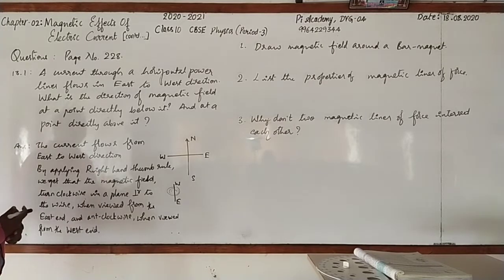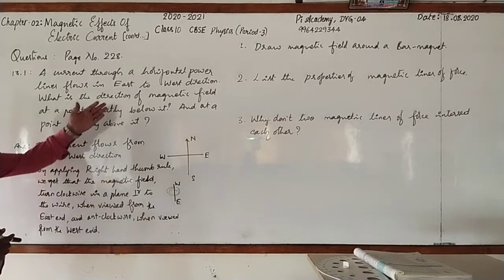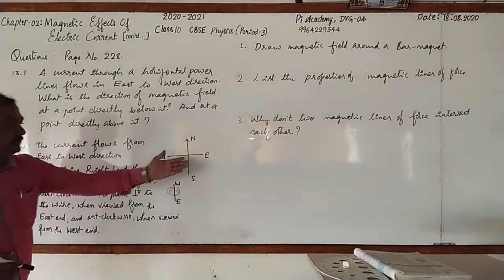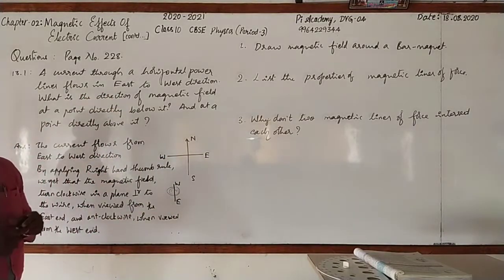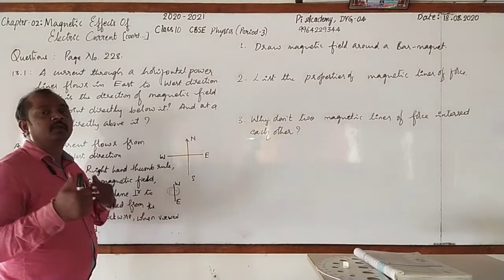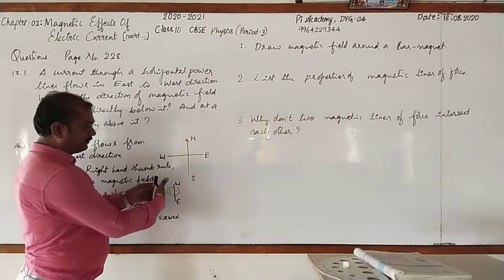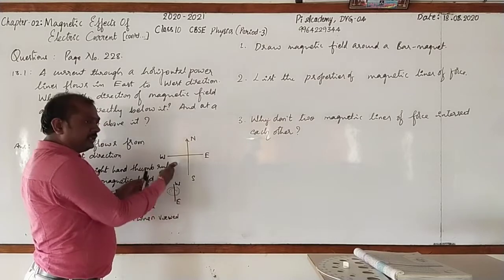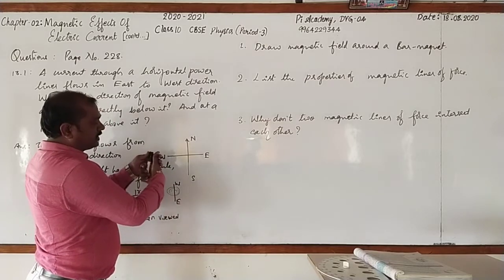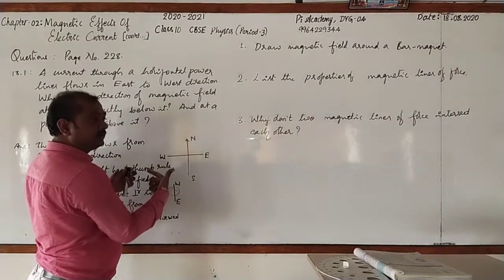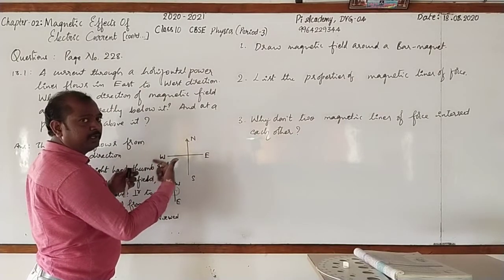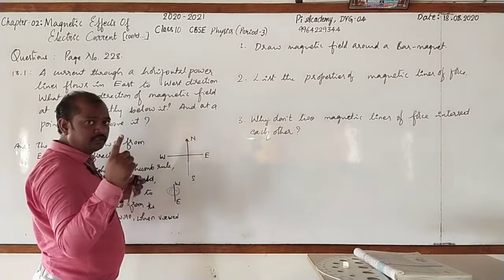Observe it. Here I have written the answer for the first question. See that? We know that the current is flowing from east to west. I have taken it like this. East to west. When you apply the right hand thumb rule, look here. When the current flows from east to west, that is, current is in upward direction, then the direction of lines of force will be anti-clockwise, right?